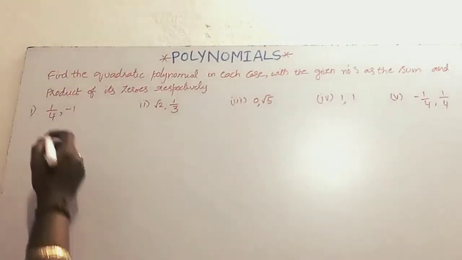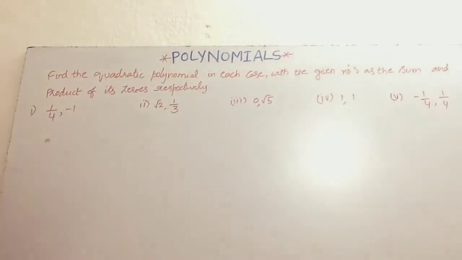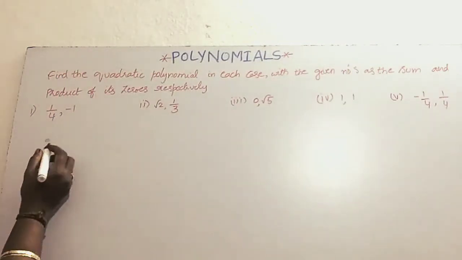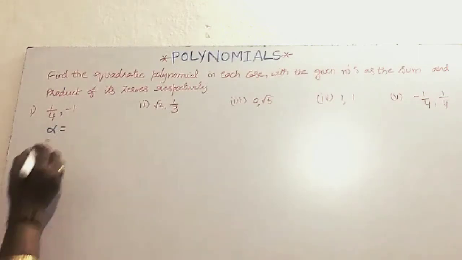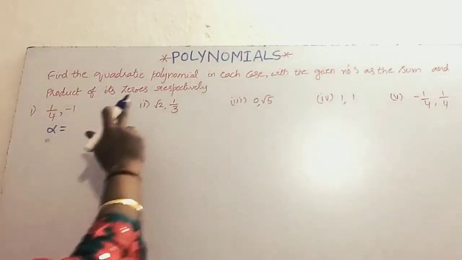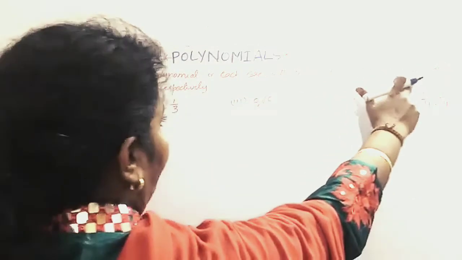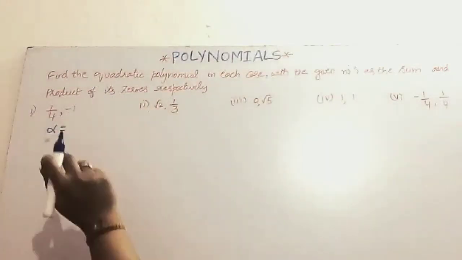So now I will take alpha, what they gave as the sum and product of its zeros.